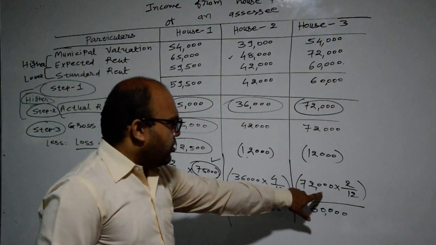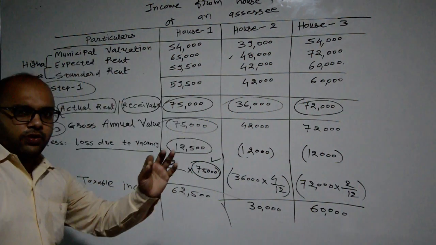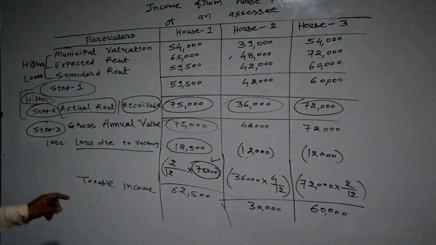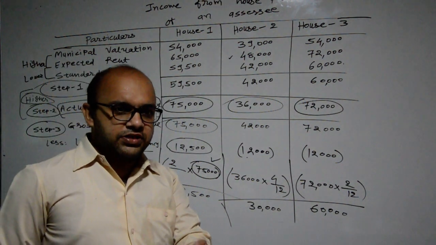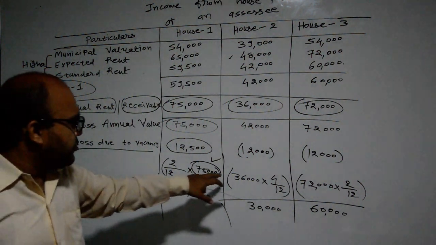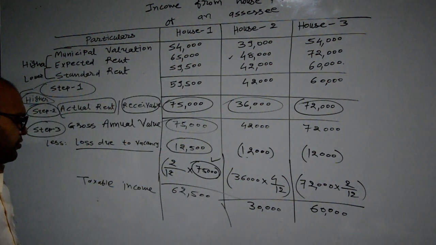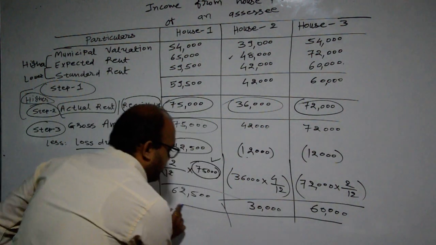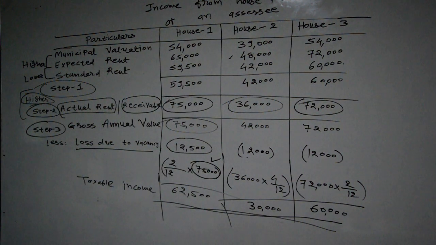Another point to note down is that gross annual value will have a deduction of loss due to vacancy. So here the taxable amount will be 62,500, 30,000 and 60,000.